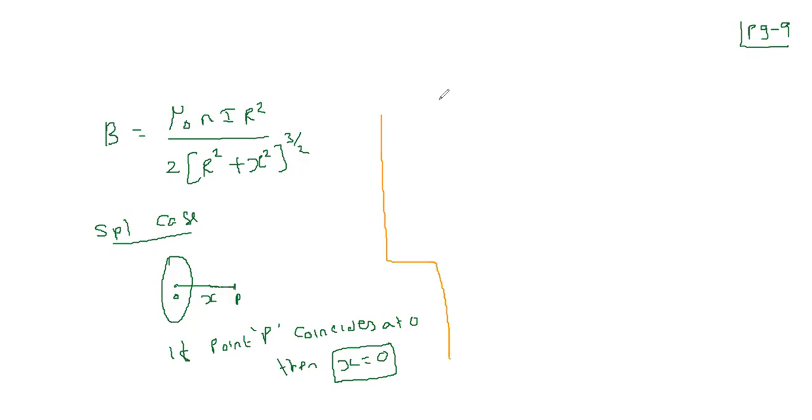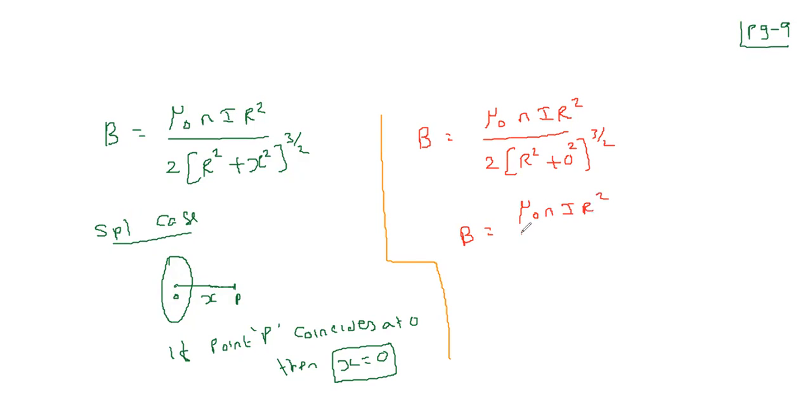Now substitute this condition in the above equation. B is equal to mu naught n I R square by 2 into R square plus 0 square whole power 3 by 2. B is equal to mu naught n I R square by 2 into R square power 3 by 2. The 2 cancels.